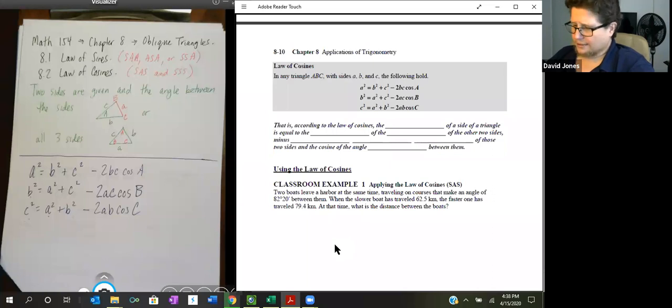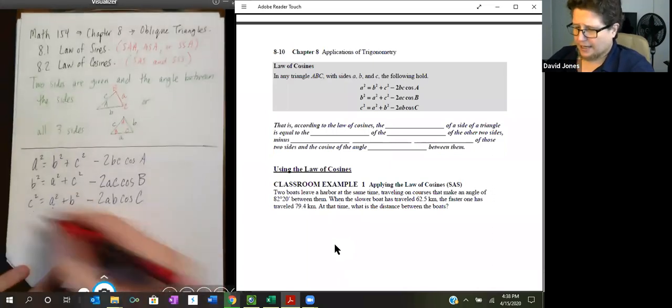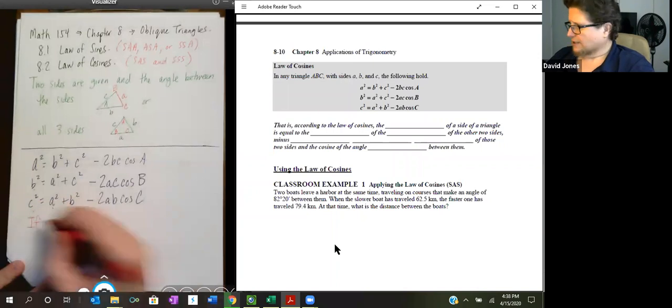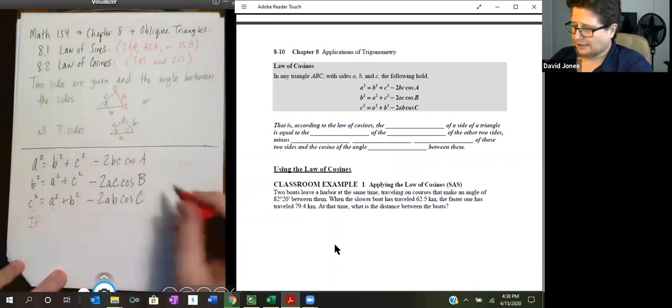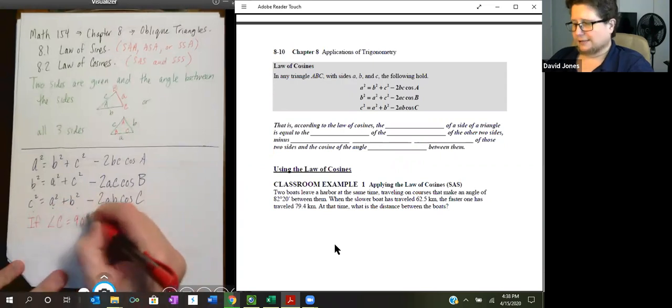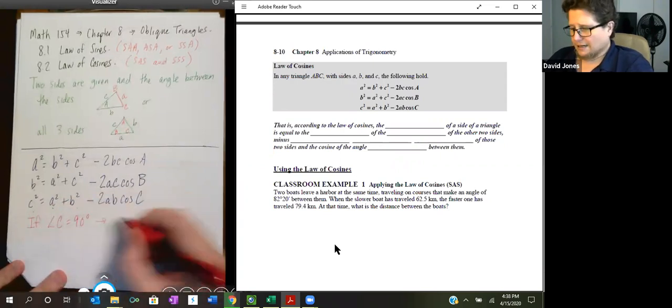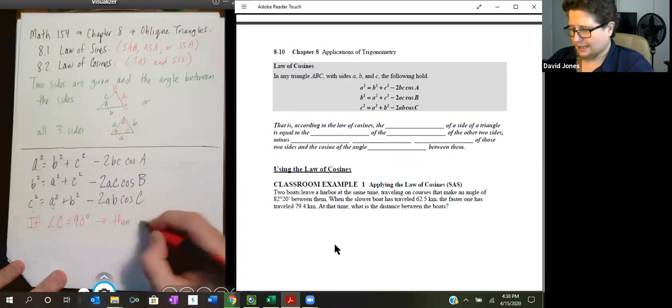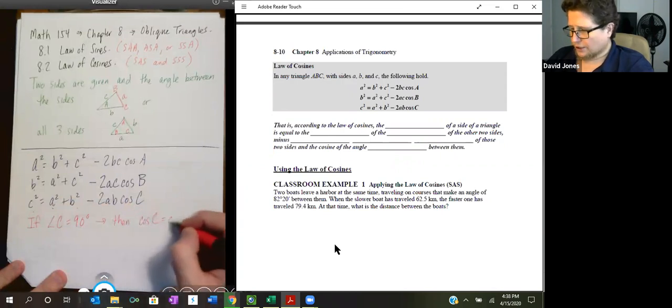So notice, let's just look at this last one right here. If angle C equals 90 degrees, then cosine C equals cosine of 90 degrees.